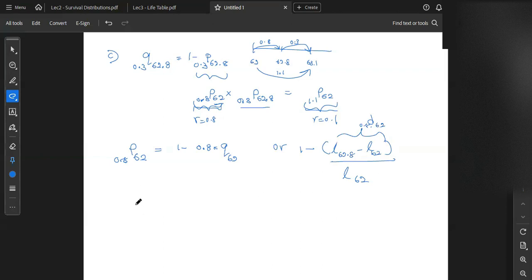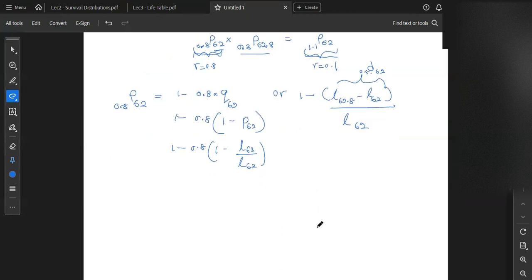And in this case, again, 1 minus 0.8 times, for this one, it's 1 minus P62, that is 1 minus 0.8 times 1 minus L63 over L62.